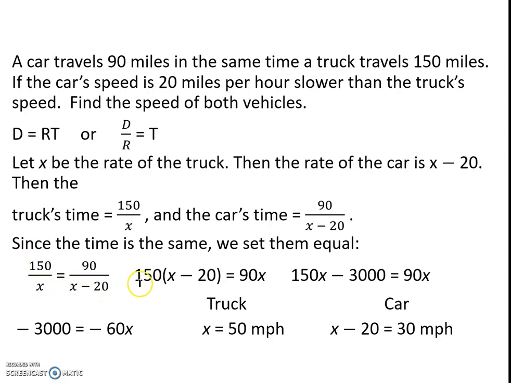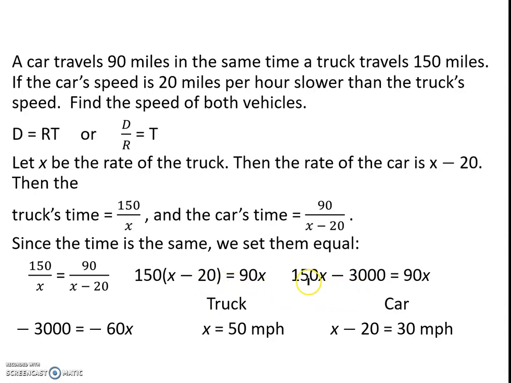Cross multiplying, we get 150 times the quantity x minus 20, and 90 times x is simply 90x. Distributing that 150 to the x, we find that's 150x. And 150 times a negative 20 is a negative 3,000.